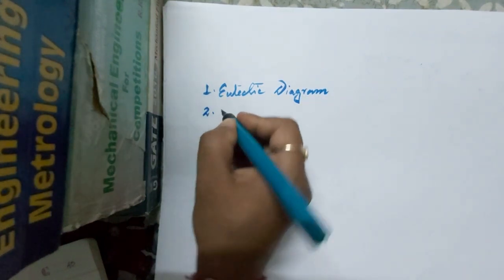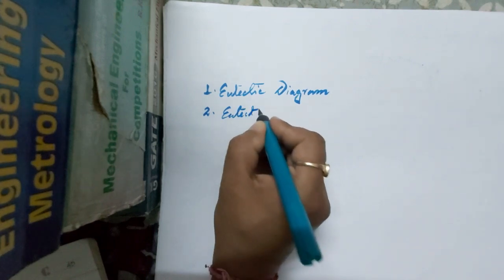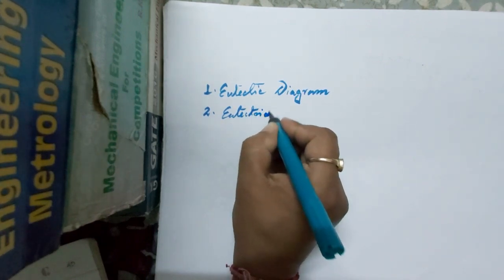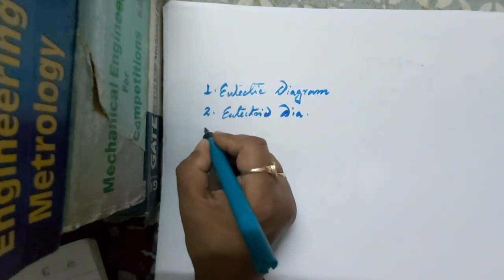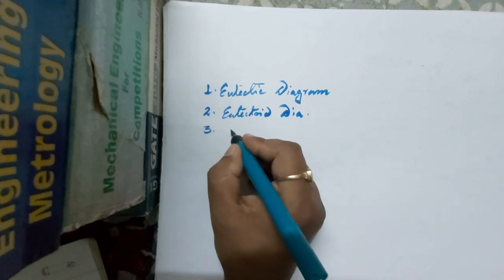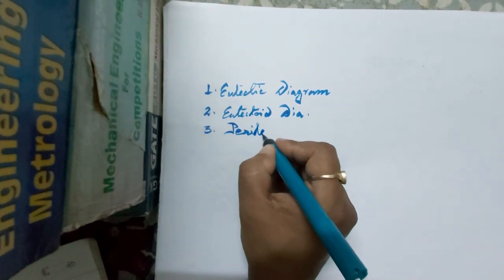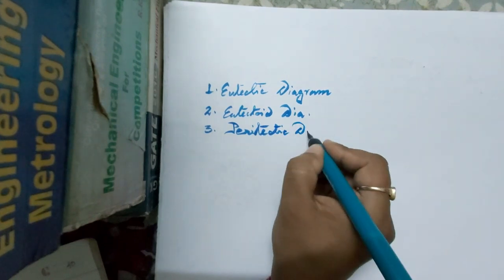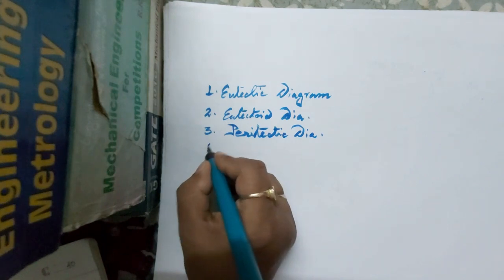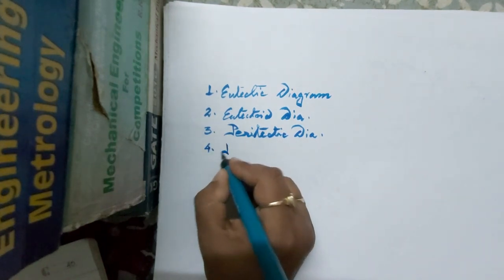Then the second one is the eutectoid diagram. Third is the peritectic diagram, and fourth one is the peritectoid diagram.